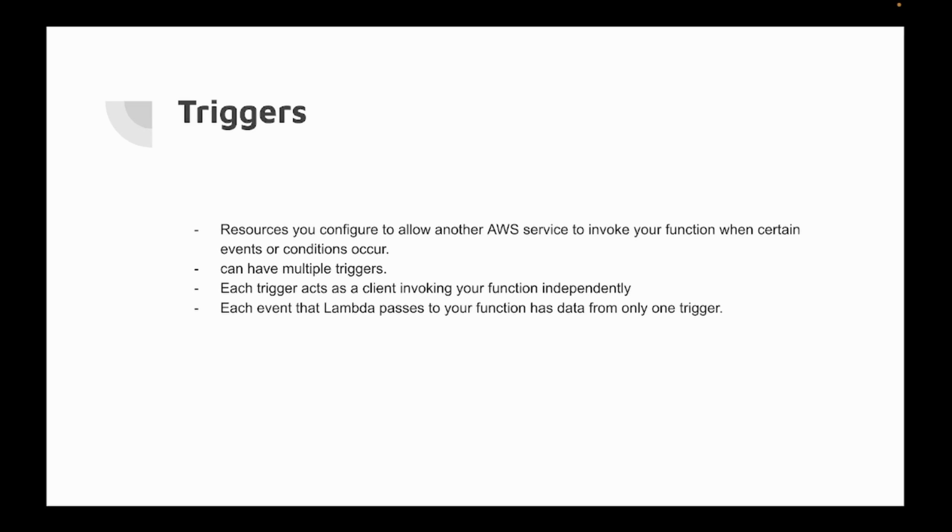Even if two events happen simultaneously, Lambda will receive only one event at a time. So it would be either from the S3 bucket or from the API Gateway, but not both at the same time. The event that Lambda receives will always be from only one source.